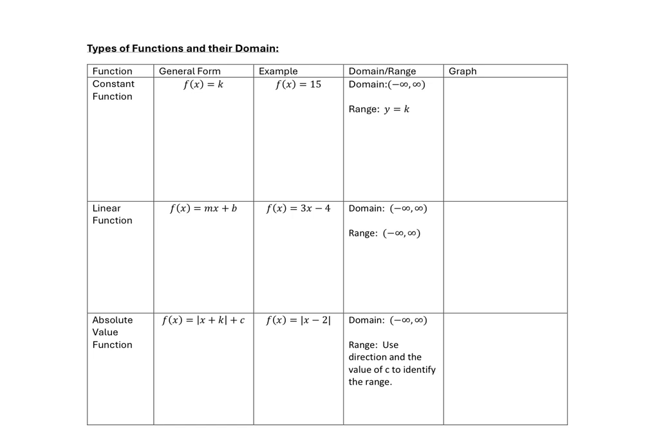Our constant function is just going to be a function. We have our function notation, and it is just going to equal a number. There are no x's in this equation. So for instance, f of x equals 15 is an example. Our domain, we can plug in whatever we want for x.